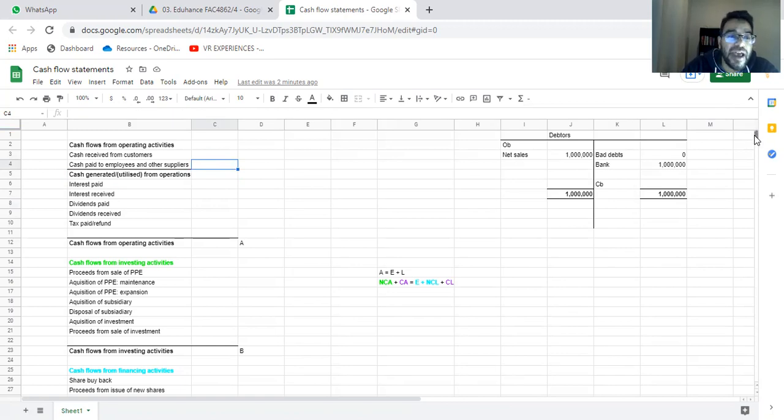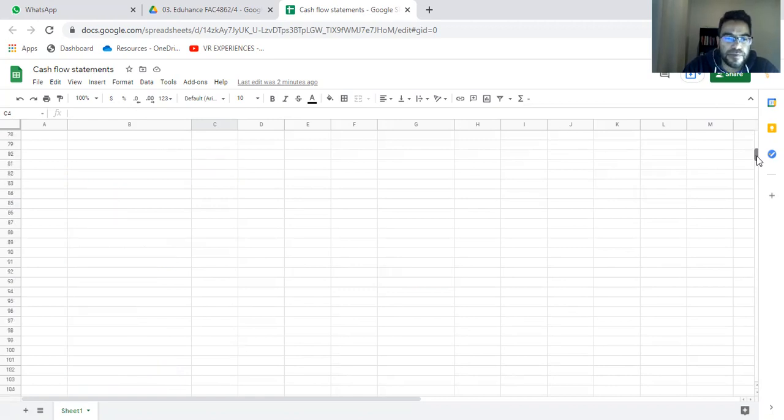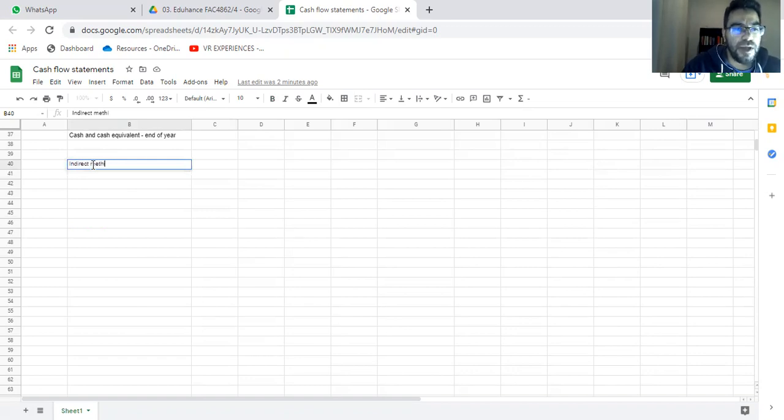Whereas under the indirect method, what do we do? We do the following. Under the indirect method, to calculate cash generated from operations, we will start off with a profit number, any profit number.